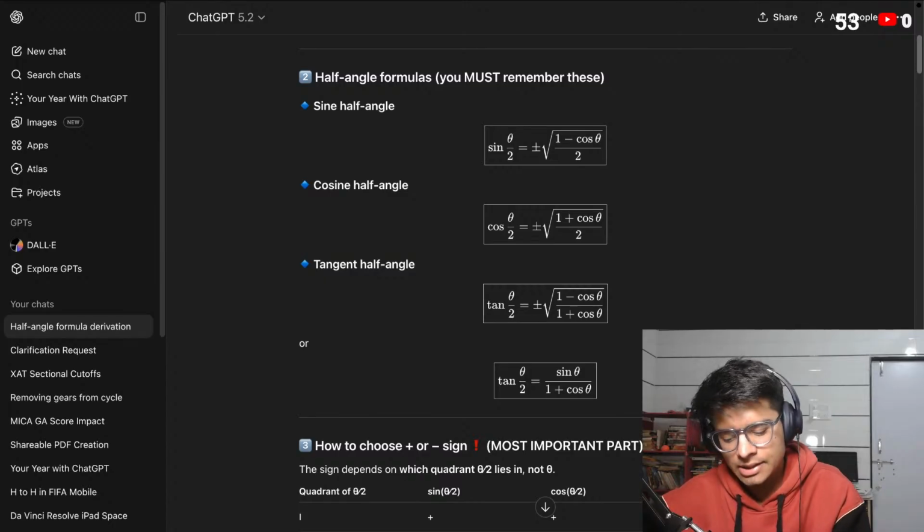These algebraic identities are called half angle formulas.